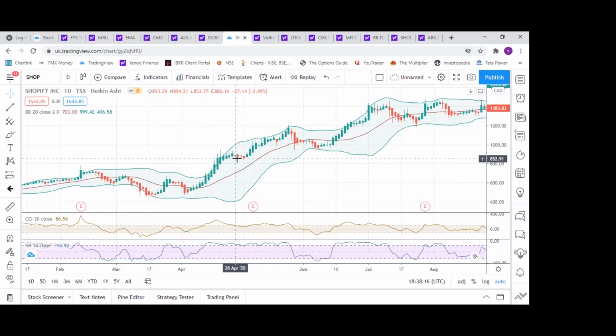High was 894, 898. The next day was achieved. I have still not exited, but it has gone above my previous day's high. Next day, 897, still close by. This day, 882. The low of this day was 853.